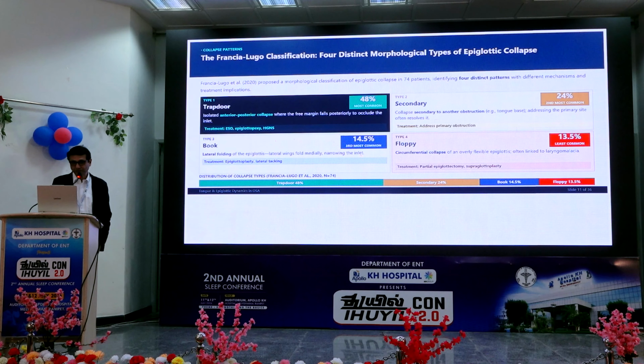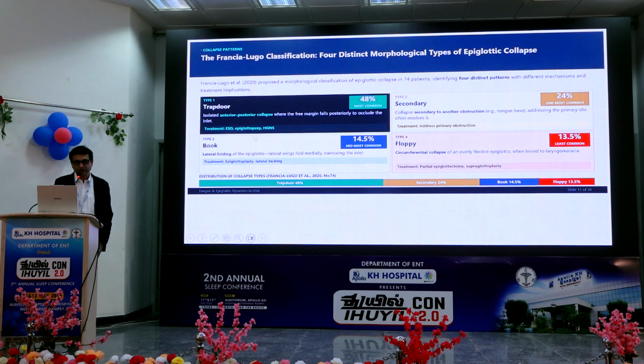Another classification is for the distinct morphological types of epiglottis, the Francia and Lugo classification in 2020. They did DISE in 74 patients and assessed the epiglottis pattern of collapse. There are 4 types of classification. Type 1 is the trapdoor, 48%. Type 2 is the flappy secondary collapse, 24%.